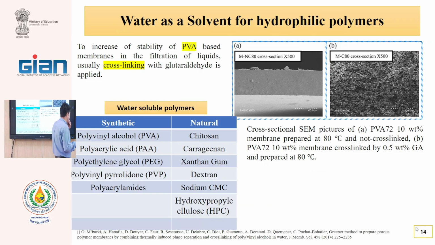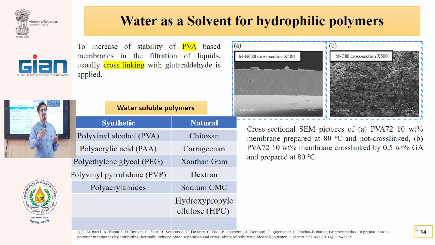But for most of these polymers, when they are soluble in water, during the use of the membranes, the water can dissolve the membrane, and after 2 days, the membrane will be destroyed. Therefore, for removing the solubility, we must change the thermoplastic polymer to thermoset.